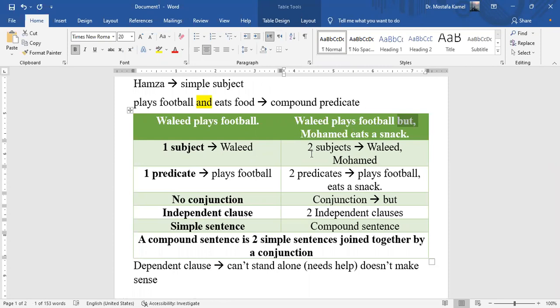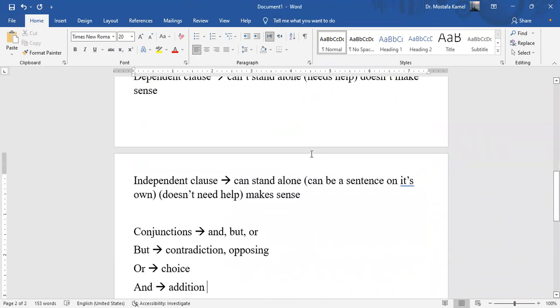If we removed "but" here and put a full stop, Walid plays football, Muhammad eats a snack. They are two simple sentences that are not related. But if we add "but", now they are related. There's a connection between them: that Walid is not like Muhammad.